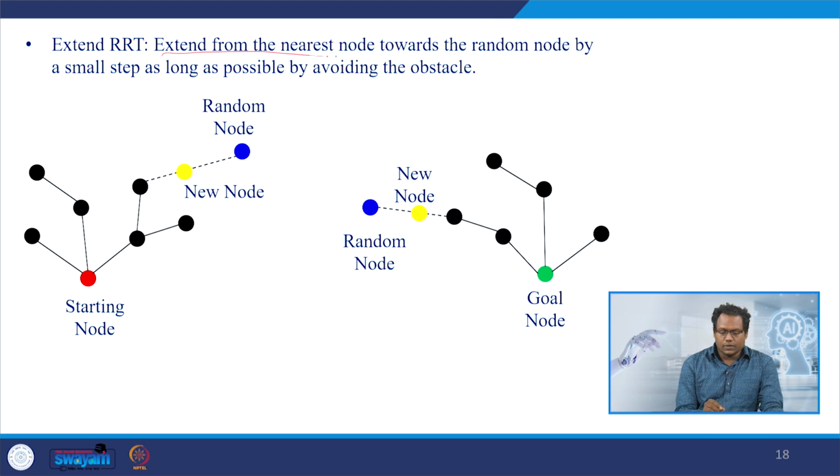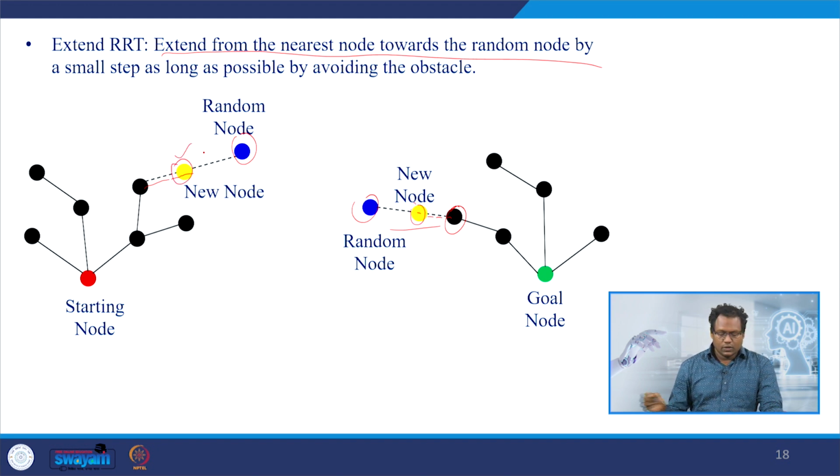Extend from the nearest node towards the random node by a small step as long as possible while avoiding the obstacle. So, the nearest node, you keep going towards the random node. And similarly, for the other random node, the nearest node is this one, so keep moving towards it as long as it is avoiding the obstacle.